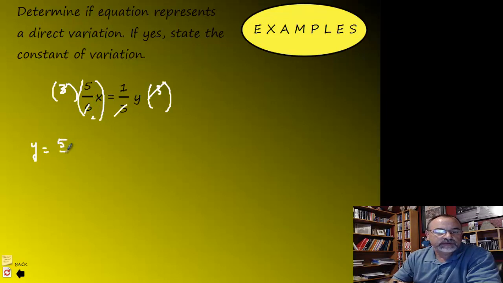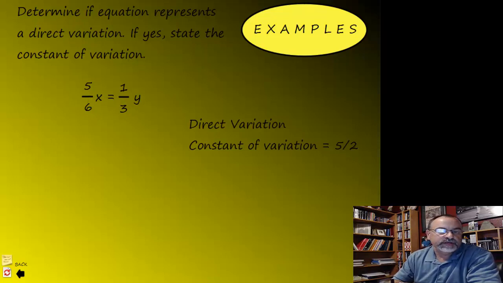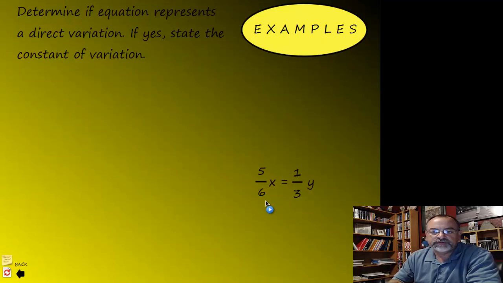So y equals 5/2 x. There is no y-intercept, or actually the y-intercept is 0, because I don't have to write that. Therefore, this equation is the equation of a direct variation. And then the constant of variation would be the value that's next to x once we solve the equation and put it in slope-intercept form.